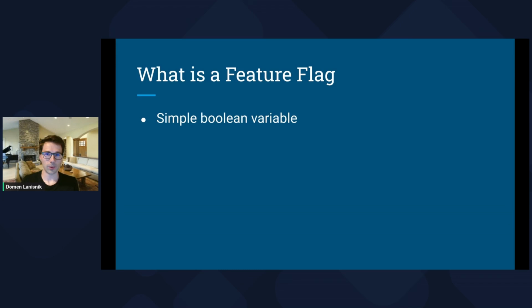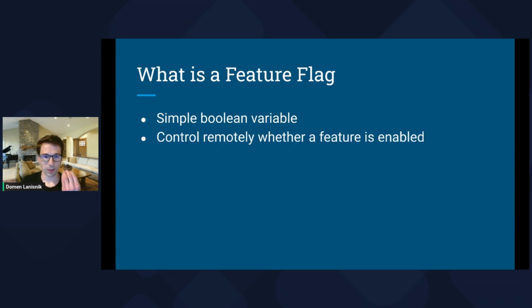Usually, when we say that we are putting a feature behind the feature flag, we mean that the entry point to that feature is protected by some variable or a feature flag. So this might be a button on your screen or some other element that the user triggers to open the feature.